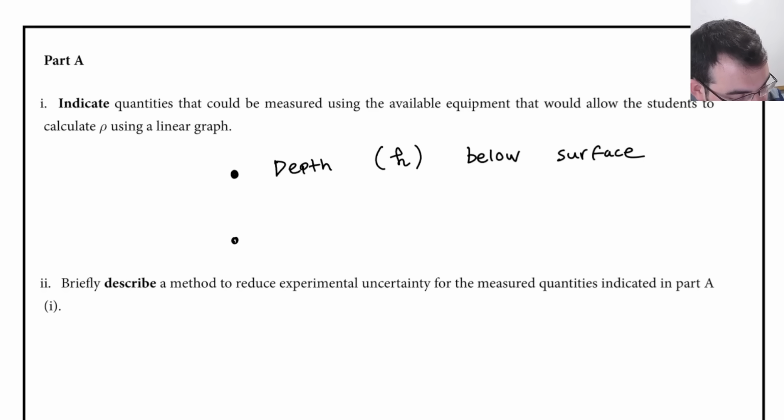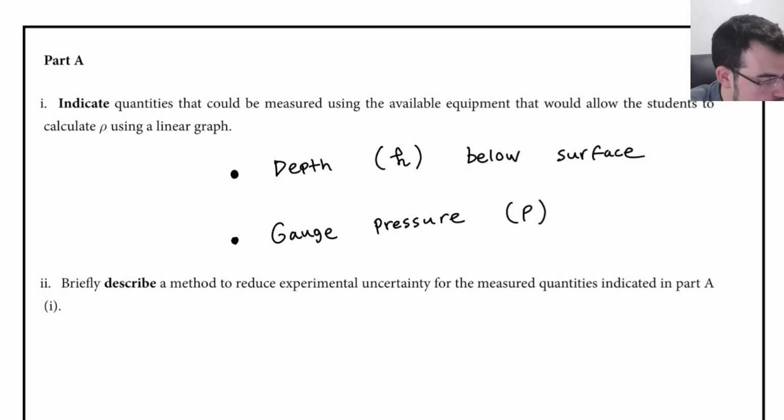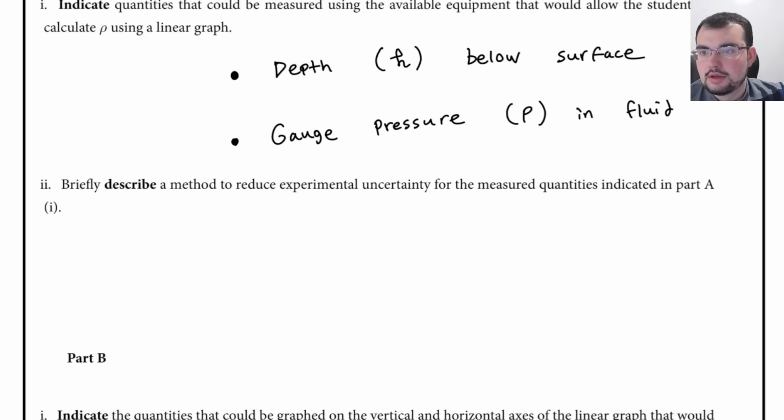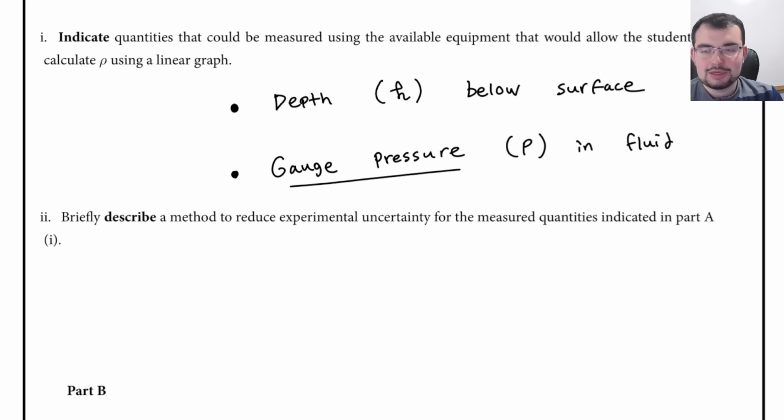And I can also measure the gauge pressure, P, in the fluid. Now, it actually doesn't have to be this gauge pressure. Absolute pressure actually works for this because that offset is sort of just an intercept.